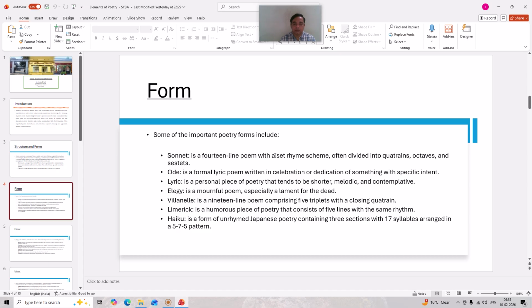Limerick is a humorous piece of poetry that consists of five lines with the same rhythm. Haiku is a form of unrhymed Japanese poetry containing three sections with 17 syllables arranged in a 5-7-5 pattern.